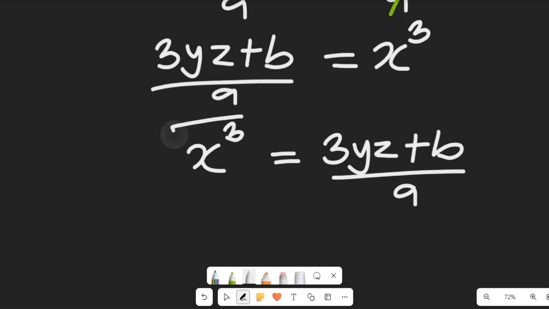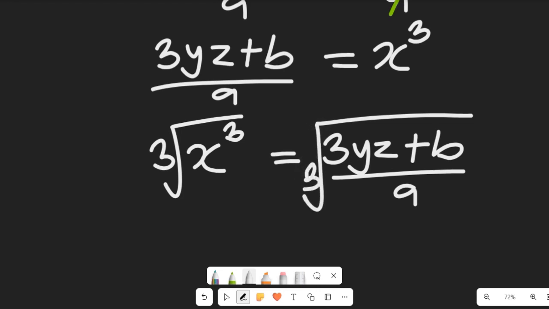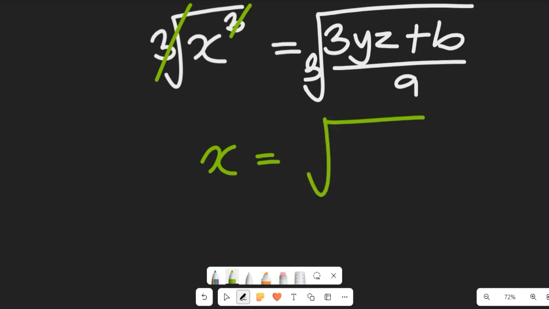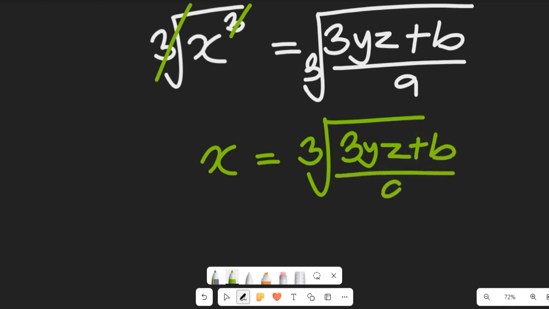So taking the cube root of both sides, I'll have this expression to now give us the cube root of the right hand side divided by the cube root of a, and this cube root will have to clear the cube, and we'll be left with what? With x. So our x will be equal to the cube root of 3yz plus b divided by a.